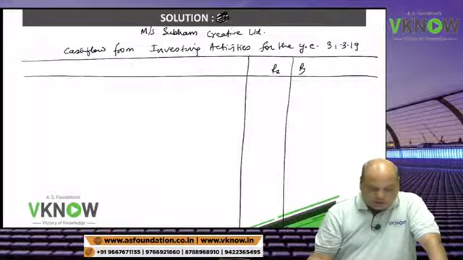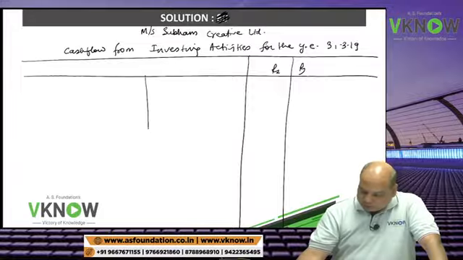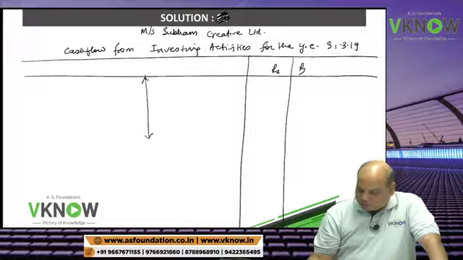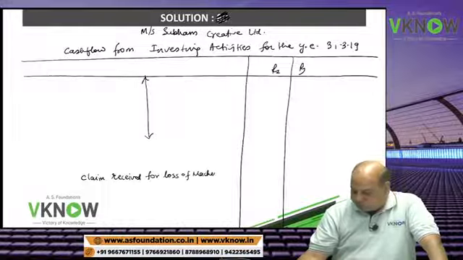First item, machinery acquired by issue of shares, ignore. It won't come in the cash flow statement. Claim received for loss of machinery in earthquake. Keep around 6 or 7 lines blank here, and then write down: claim received for loss of machinery.